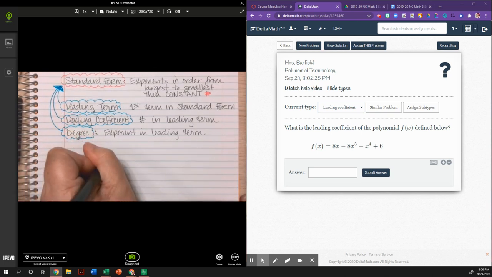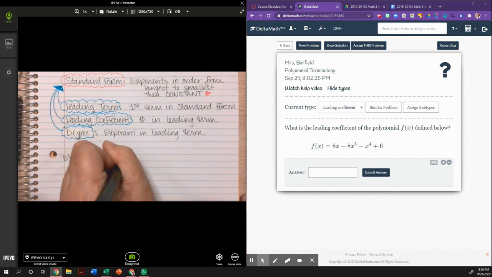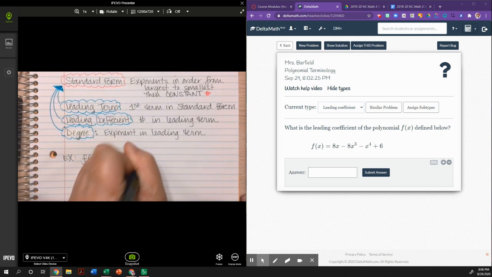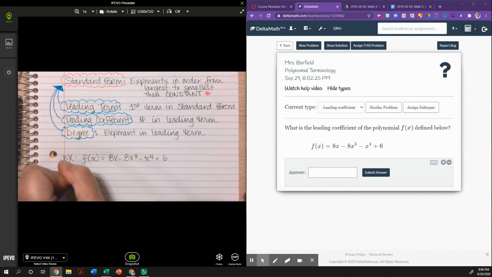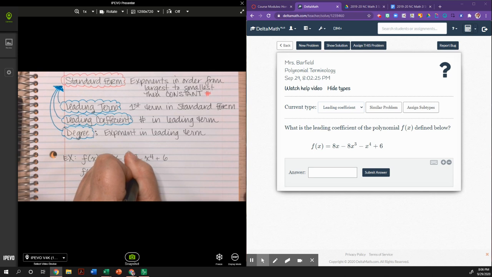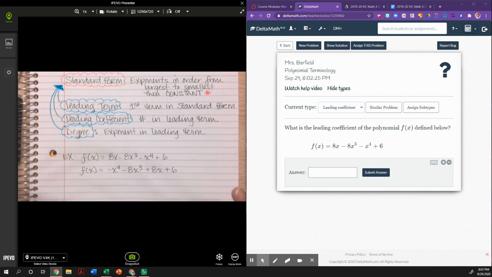We have f of x equals 8x minus 8x to the third minus x to the fourth plus 6. If I put it in standard form, that means negative x to the fourth minus 8x to the third plus 8x plus 6.